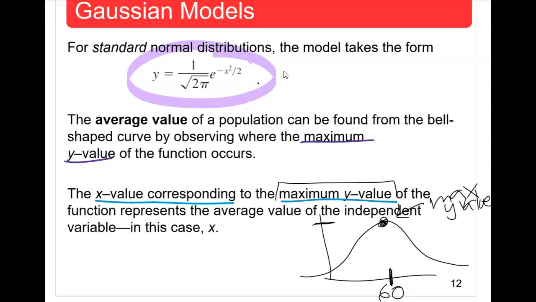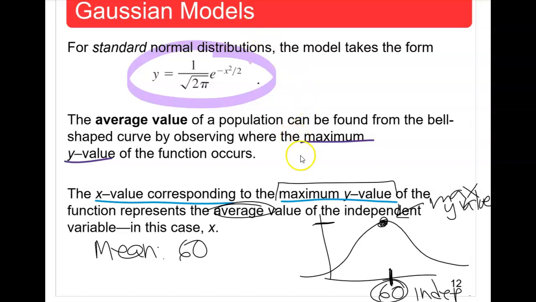So the x value that corresponds to that maximum value represents the average, or we call it the mean, which will be 60 for the example that I'm giving you. And this is the independent variable.